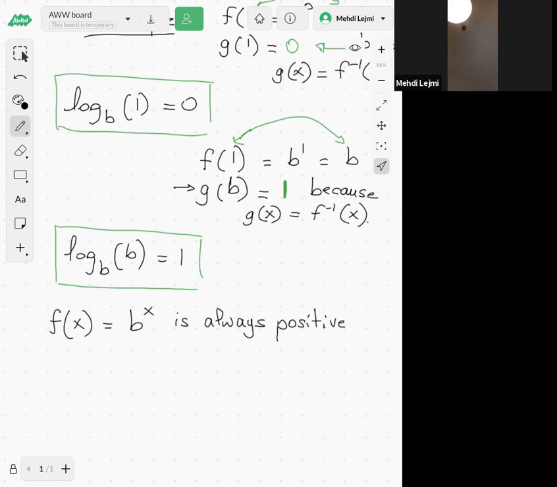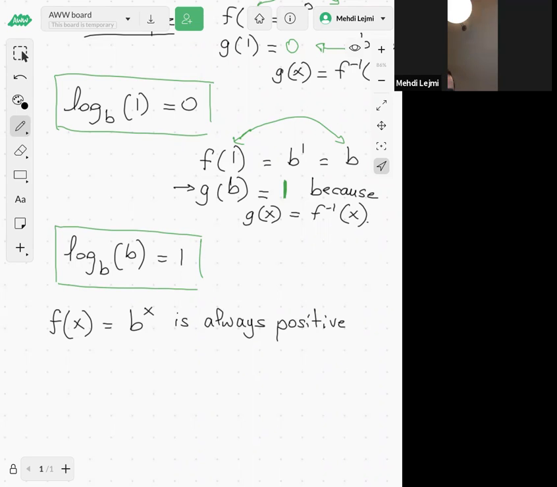Remember, the log is the inverse of the exponential. So if all the outputs of the exponential are positive, then the inputs of the log must be positive.